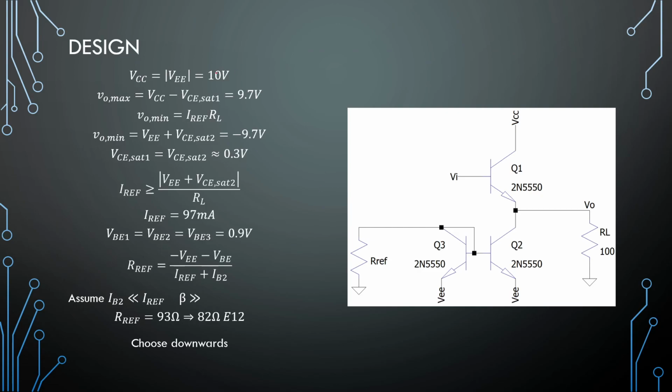So with our rails at 10 volts, our output maximum and minimum is when we subtract our saturation at 0.3, so that will be 9.7 and minus 9.7 volts.